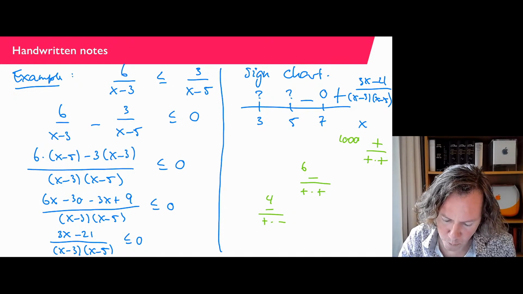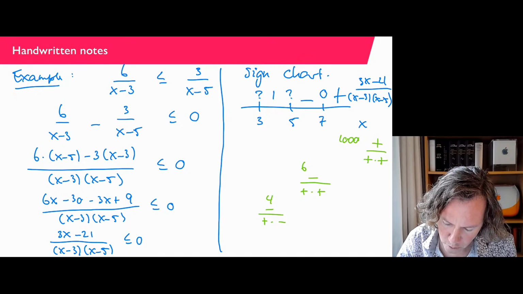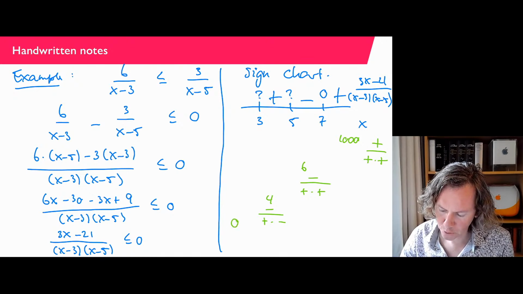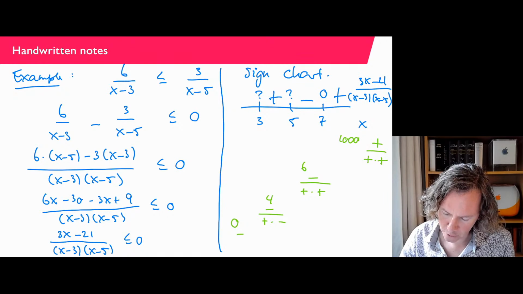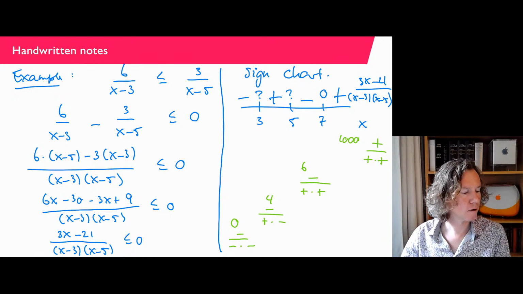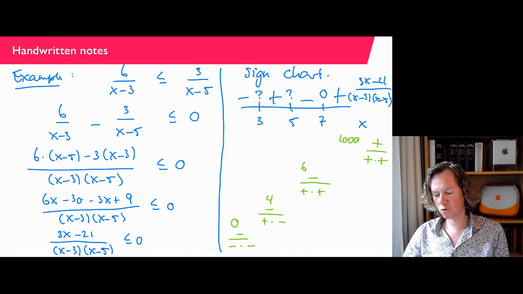So this is going to be plus altogether. And all the way to the left, I could pick 0. If you pick x equals 0, you get minus over minus times minus, and the whole thing is going to be negative.